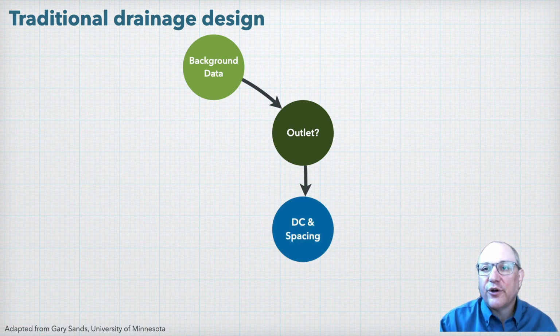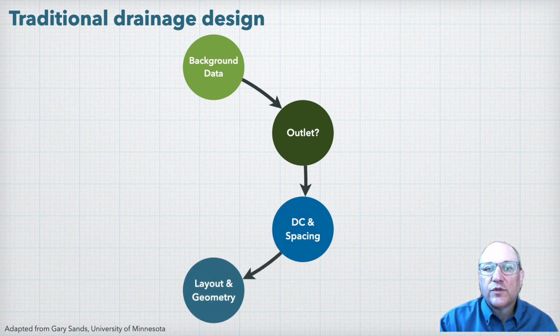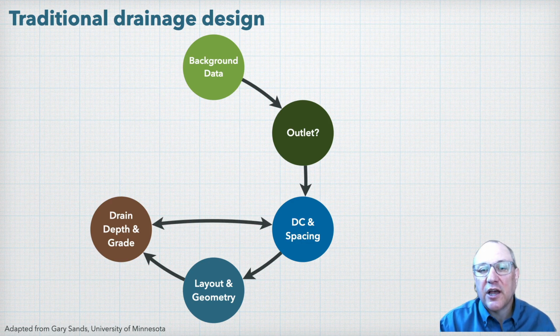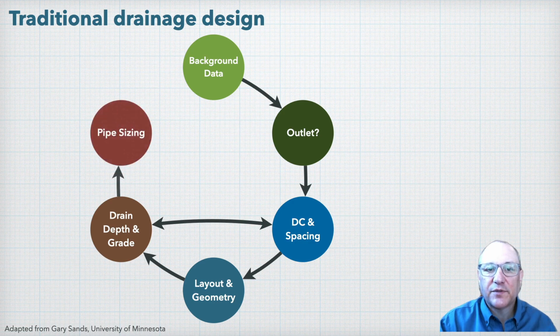We choose a drainage coefficient and a drain spacing. Choose a layout for the system, then determine how that translates into actual drain depths and grades, and then potentially we'll do some iterations to come up with a layout that we like and gives us a depth and spacing to best match our choice of drainage coefficient. Then we can size the pipes, and then we're ready to install the system.